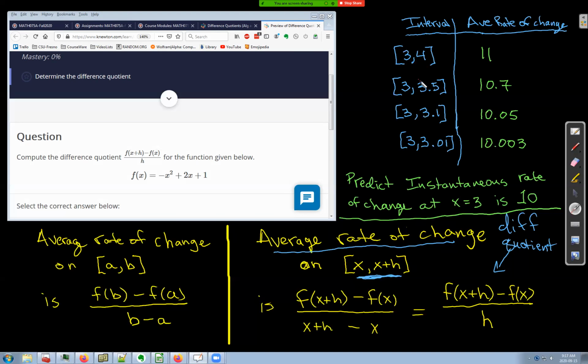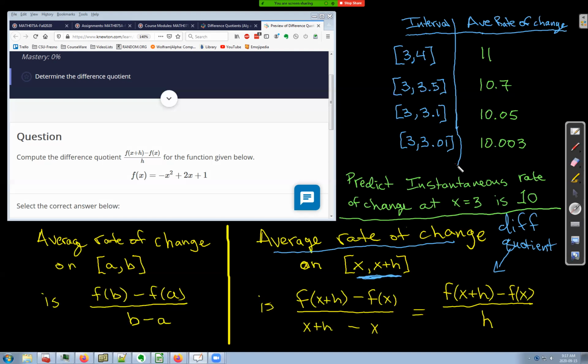And so as these intervals get smaller and smaller, the average rate of change seems to be getting closer and closer to 10. So that's why we would say that the instantaneous rate of change is probably 10, because as this interval got smaller and smaller, these averages were getting closer and closer to 10.